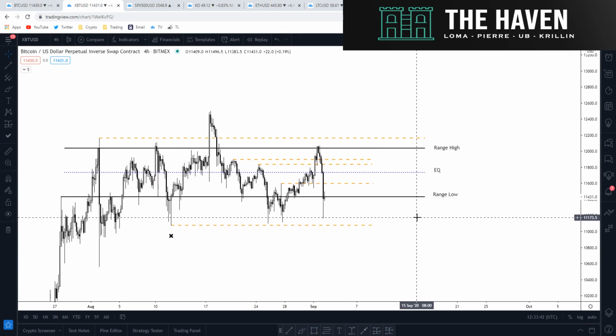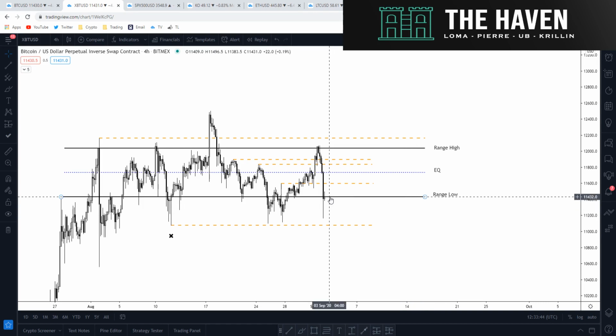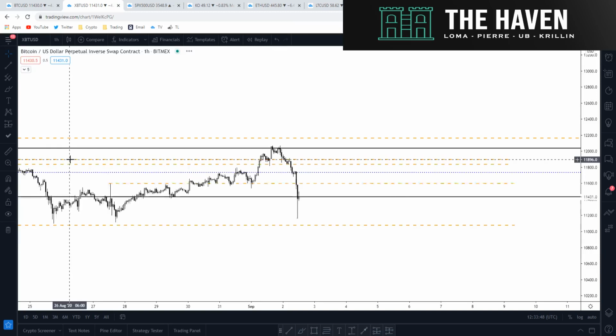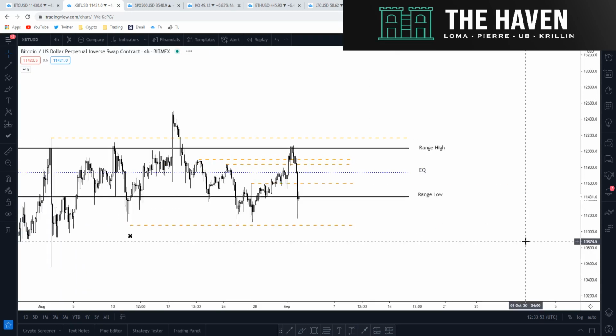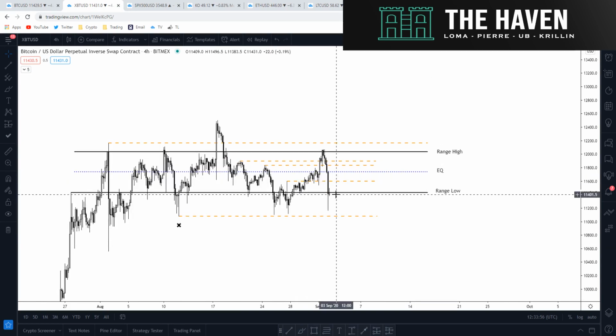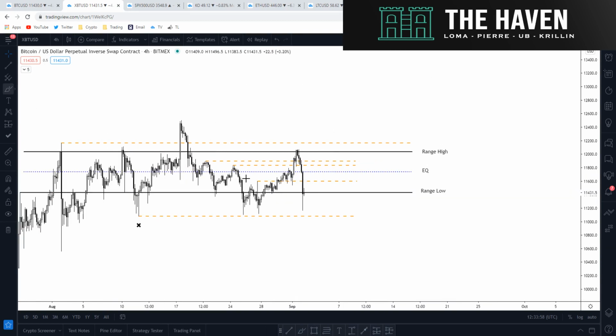Now what? So if you notice here, we did flip the range low into resistance now. Let's see how it looks on the hourly. Okay, still too early to say if we flip it into resistance. But the next area of interest, if the range low isn't reclaimed very quickly, so basically what I would be looking for is a dump and then just a grind right back up.